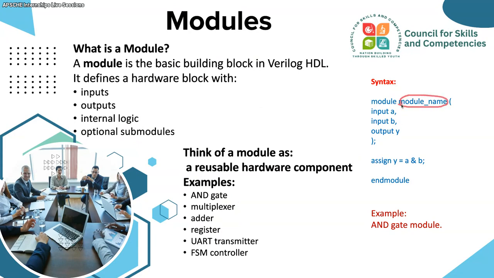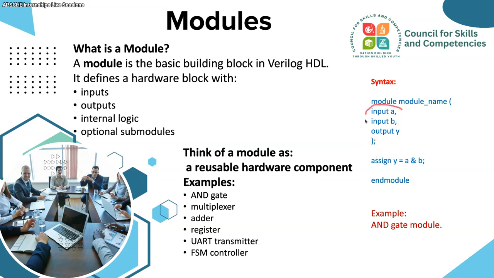It follows the same rules as in the C language for declaring an identifier or variable. It can start with a letter, but it cannot start with a number, though you can use numbers inside. We cannot use special symbols except underscore. Then we give an open parenthesis, close parenthesis, and then the semicolon.